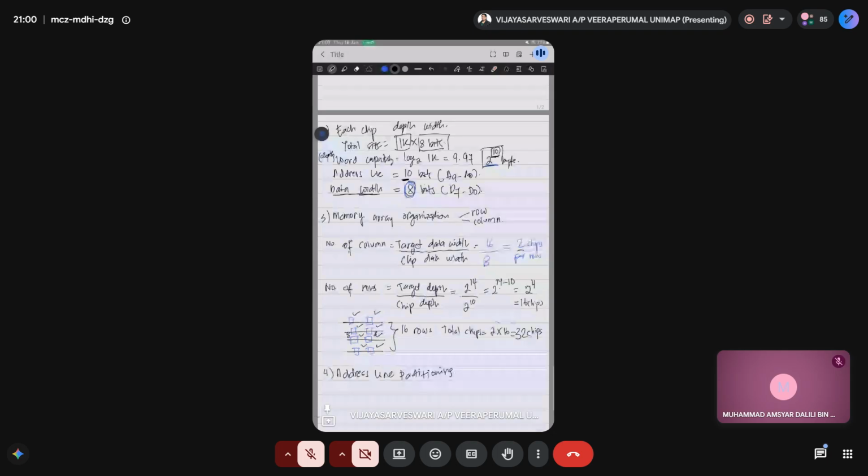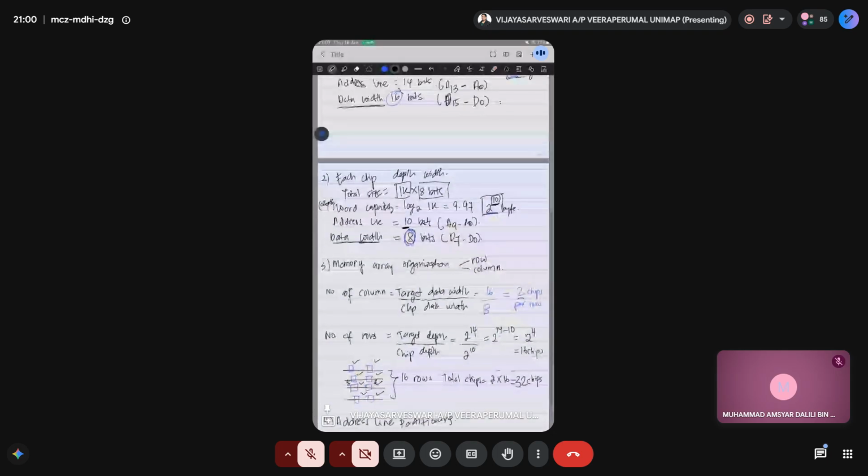Okay, we already have this one, right? How many of the 14 bits do we need for the 10 bits? So that means we have 2 power of 14 divided by 2 power of 10.